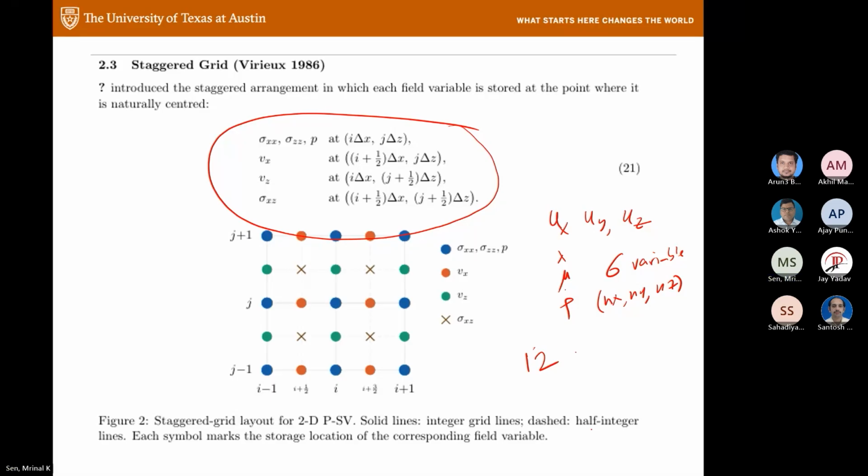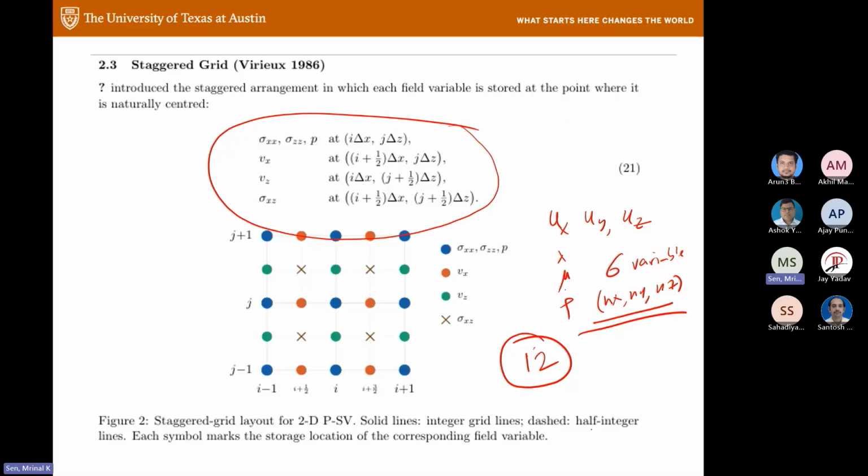But that is only true if you keep the same grid spacing, right? Now it turns out that you can actually achieve much higher accuracy with this staggered grid system for elastic case, with the same grid spacing, reducing this into half. Effectively, it's computing using a delta x by 2 and delta z by 2 kind of distance approximation.